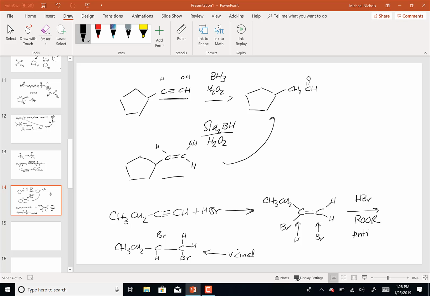That's a way to make a vicinal dibromide in 2 steps. How would I go from triple bond to that molecule in 1 step? If I said, what's the reagent to go from the triple bond to the 1,2 dibromo compound, what reagent would you use?